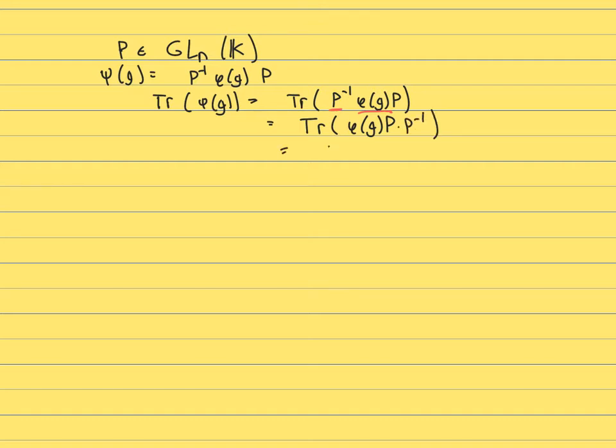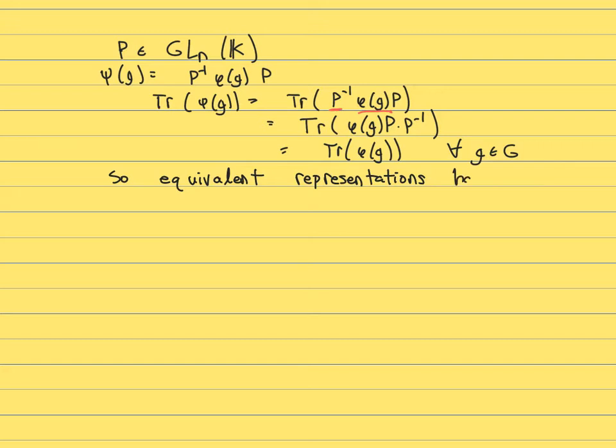P times P inverse cancels, and I just get the trace of phi of g. So we see that the trace of these two representations is the same for every group element. And so in particular, the corresponding characters are the same. So equivalent representations have the same character.